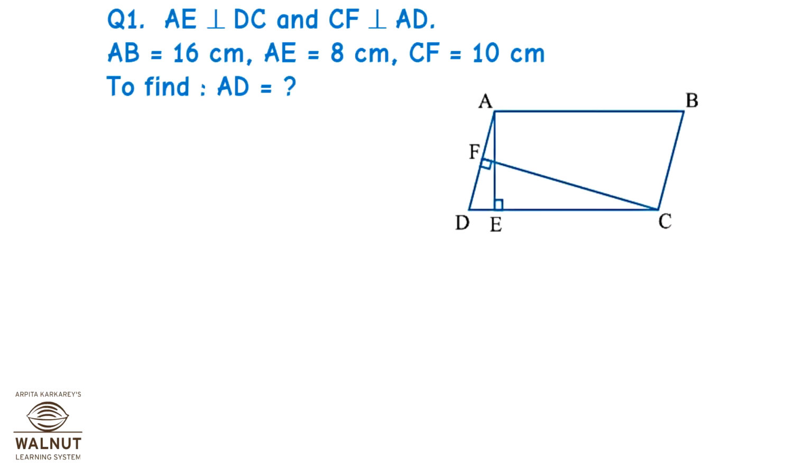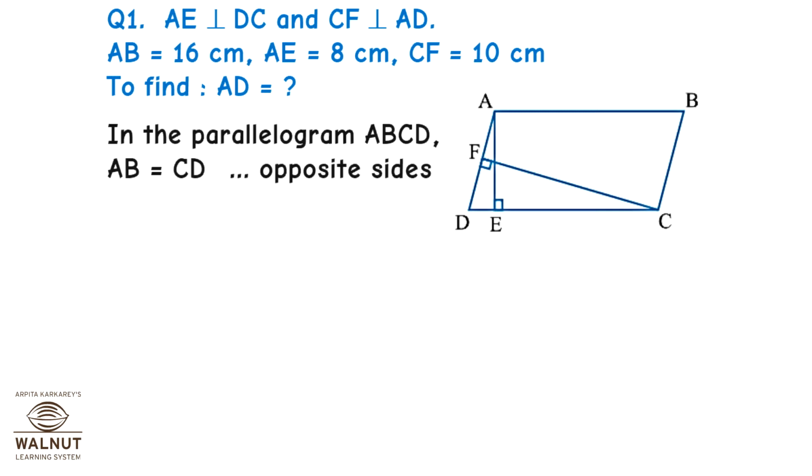Question 1. AE is perpendicular to DC and CF is perpendicular to AD. AB is equal to 16 centimeters. AE is equal to 8 centimeters. CF is equal to 10 centimeters. To find AD. In the parallelogram ABCD, AB is equal to CD, opposite sides.